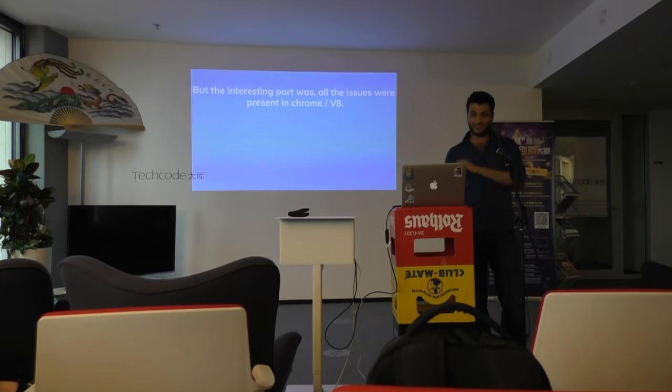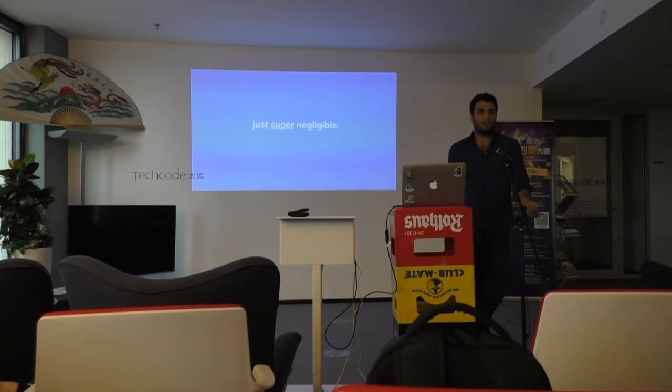And again, the most interesting part in this, and the reason why I want to bring this up, is the fact that all of these issues that I faced weren't just things in IE6 and IE7. IE6 and IE7 were terrible, but they were also really revolutionary for their time, and the fact that you were able to build that in IE6 actually attributes to that. And a lot of the issues that we found, we actually had in Chrome and V8, right? They were just super negligible. You never really noticed.